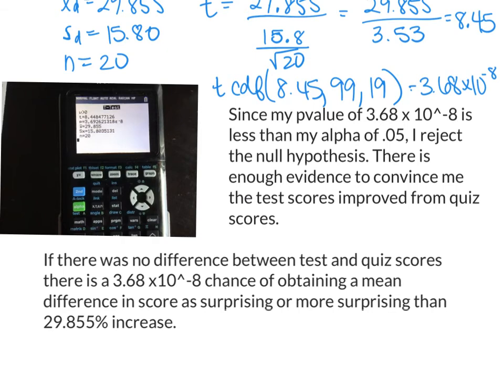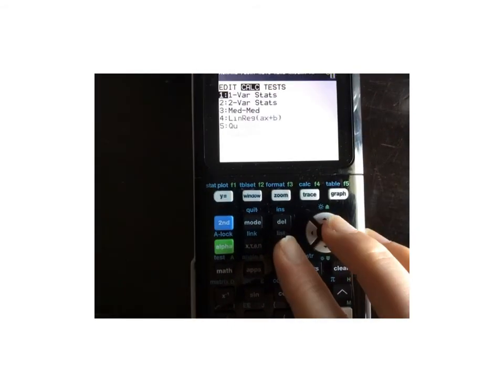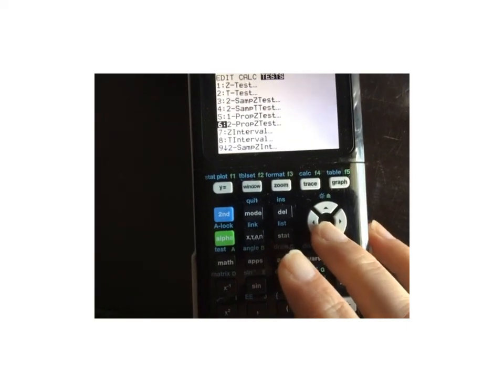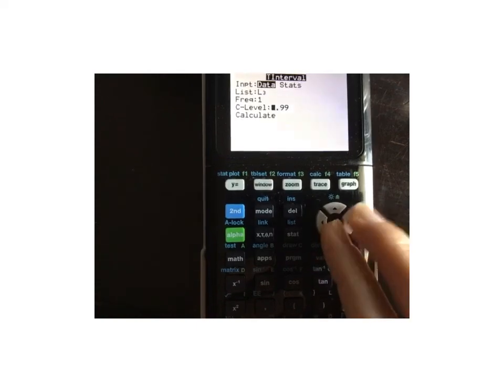So then we would want to create a confidence interval for that. To do the confidence interval, I'm going to go stat tests down to t interval. Notice it already has L3 in there.